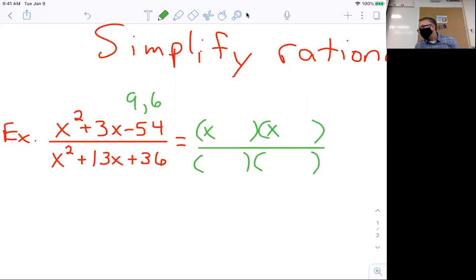And 9 times 6 is 54, so I'm going to put 9 and 6 here. I want to get positive 3x when I FOIL that out, so I need plus 9 and minus 6, because plus 9 and minus 6 would give us a positive 3 when I combine the outside and inside.